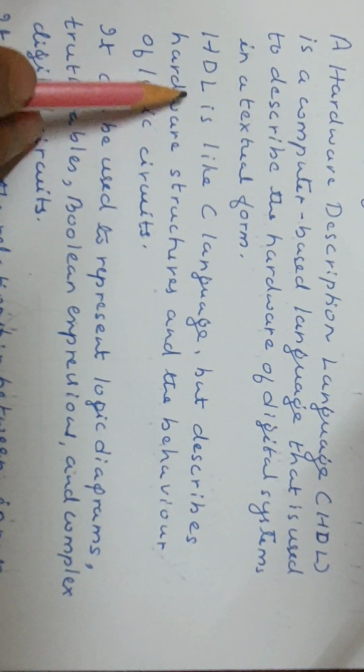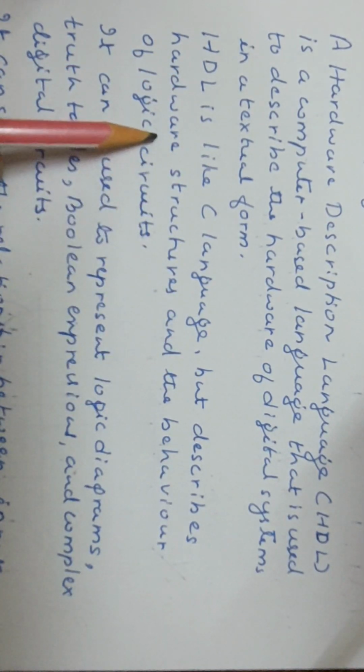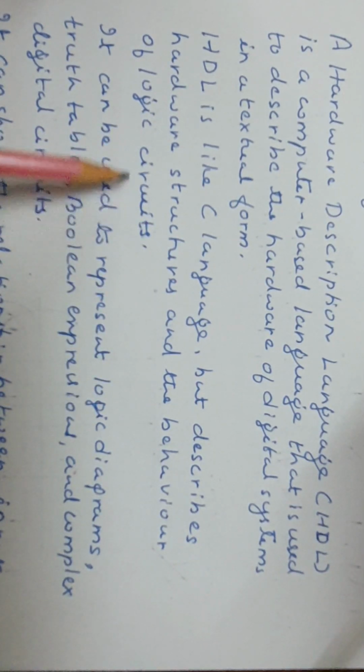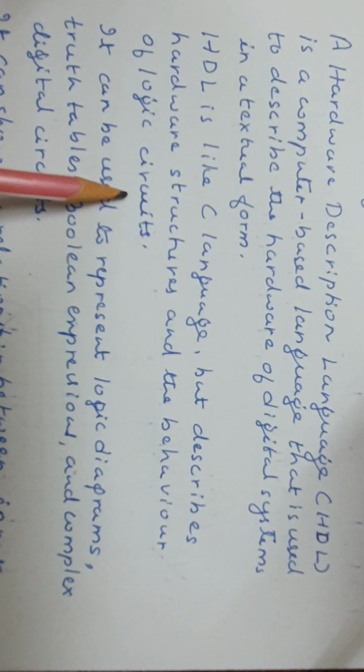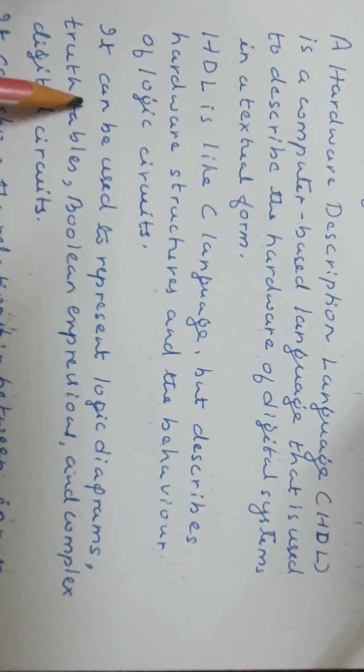This hardware description language is like C language, but it describes hardware structures and behavior of logic circuits. Logic circuits in the sense of digital circuits, where voltage levels happen to be +5 or 0. So it can be used to represent logic diagrams.